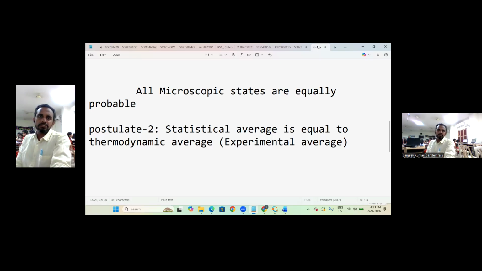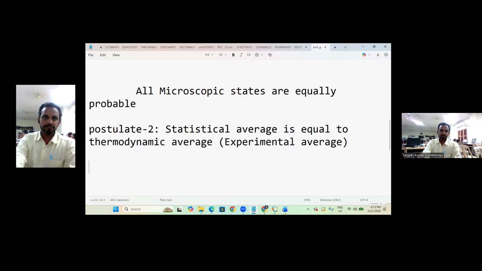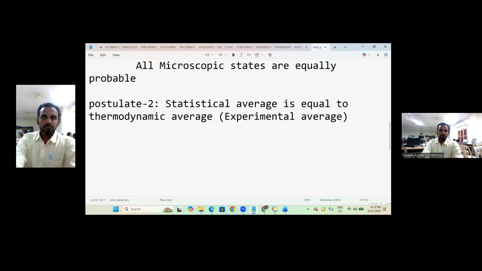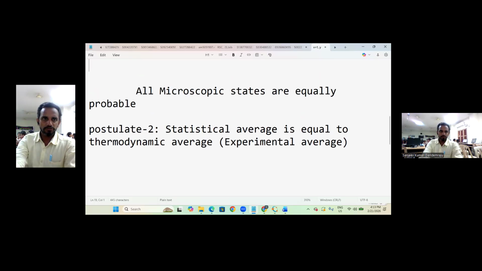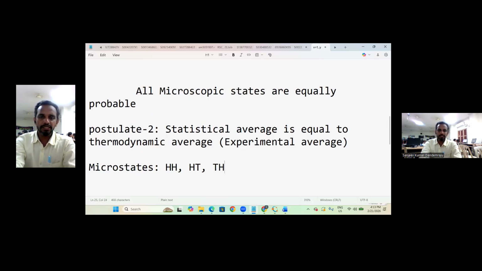So we apply these two rules to this case of tossing two coins. What are the microstates for two coins? We have head-head, head-tail, tail-head, and tail-tail.